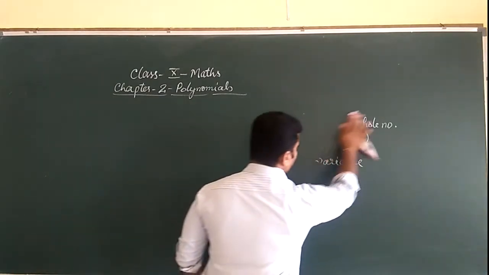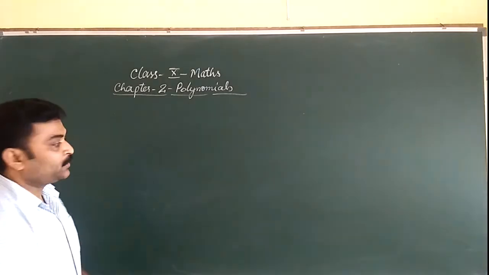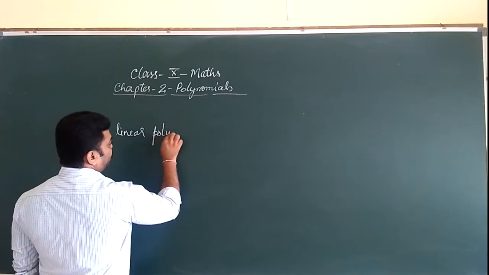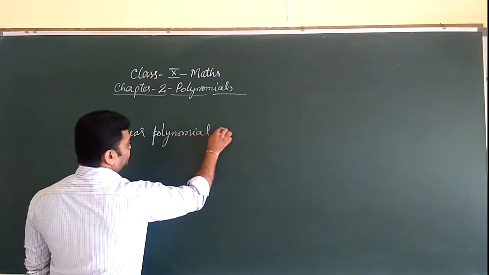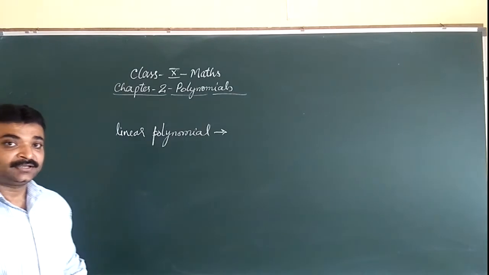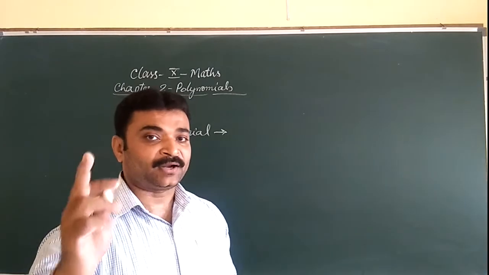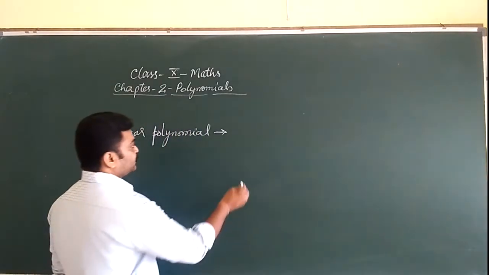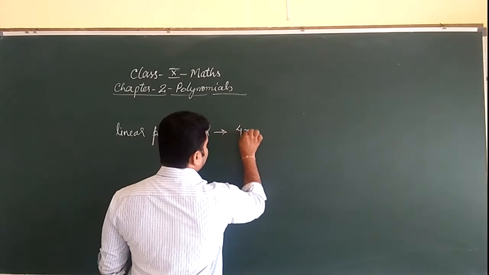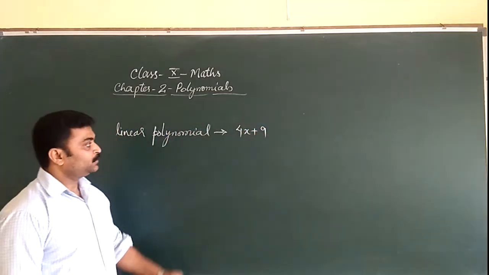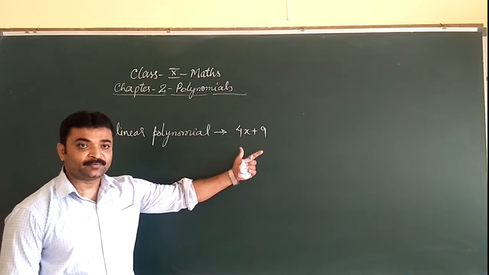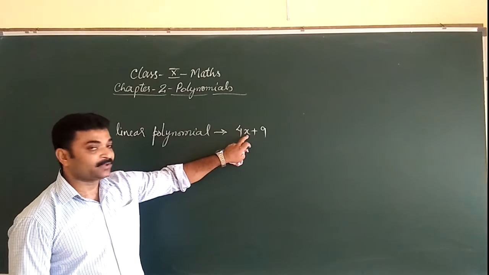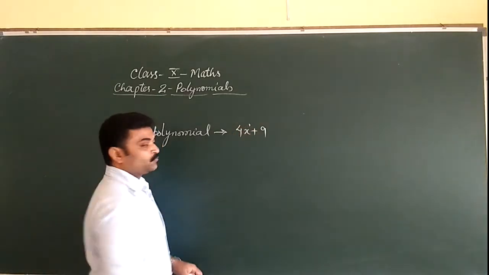Another thing we have studied, students, linear polynomial, quadratic polynomial, cubic polynomial. Linear polynomial means a polynomial with degree 1. A polynomial with degree 1 is called a linear polynomial. Suppose 4x plus 9. It's a linear polynomial because the variable is x and the highest power is 1.